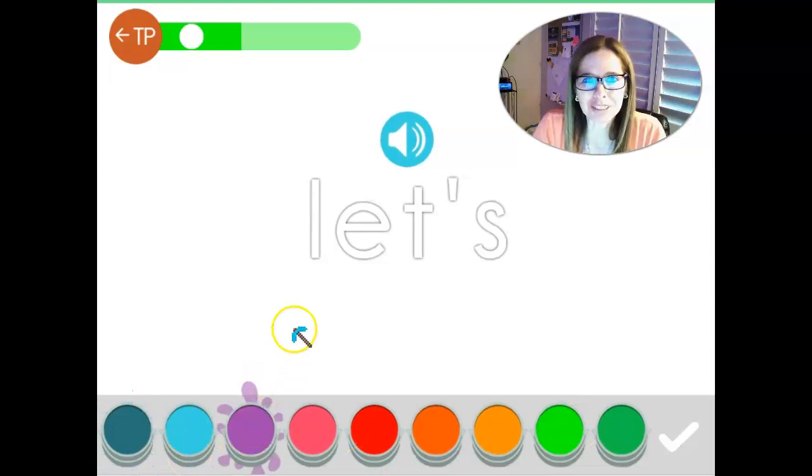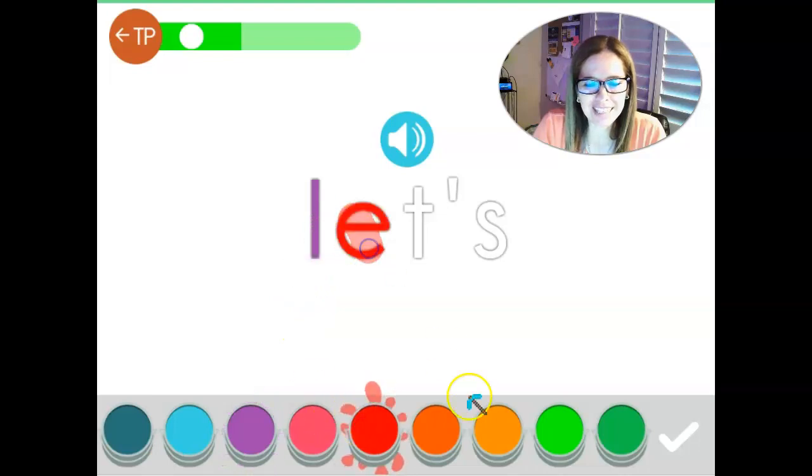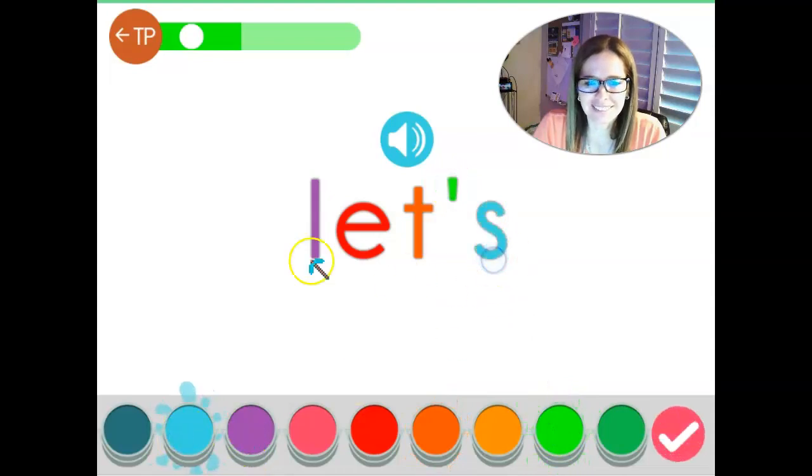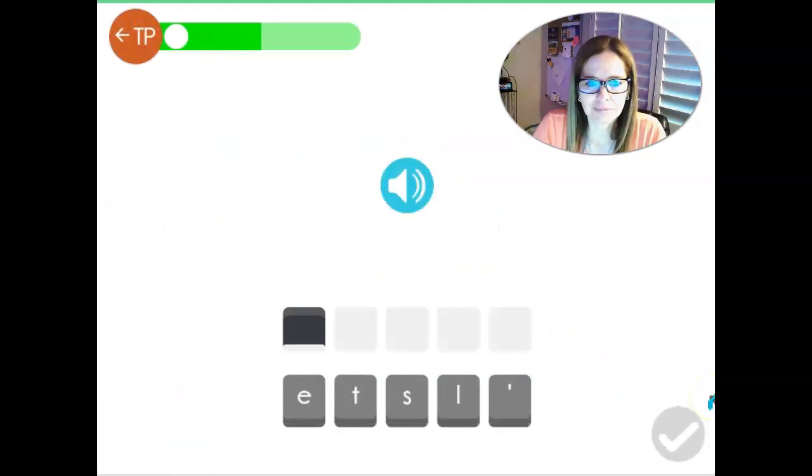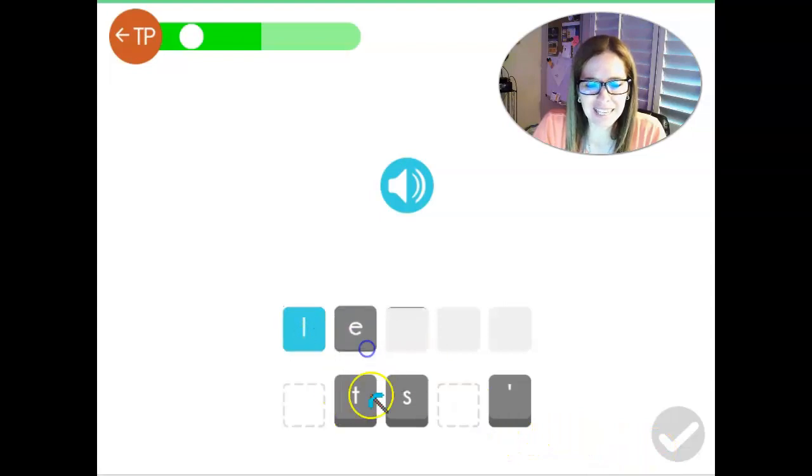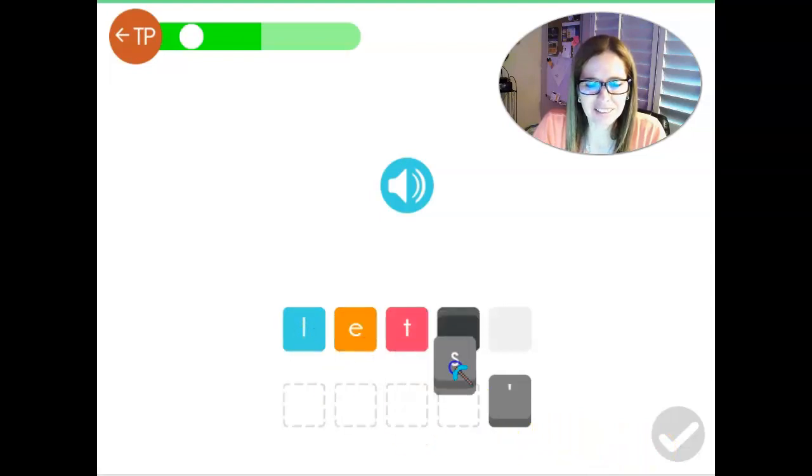So now we're going to color each sound and the apostrophe. L, e, t, s, let's. Now I'm going to spell with letter tiles, let's. L, e, t, s.